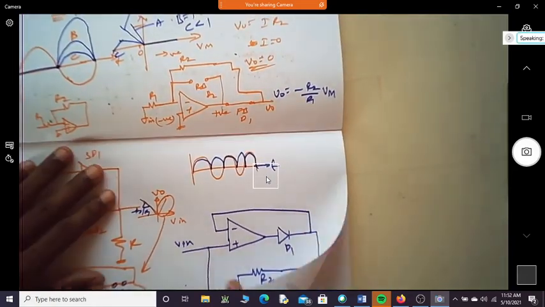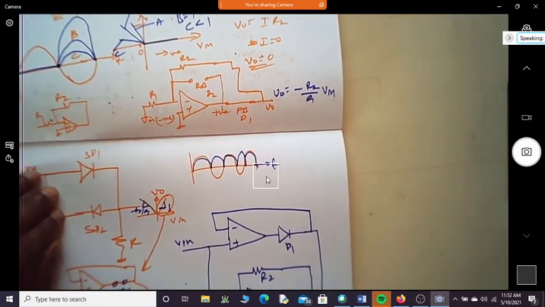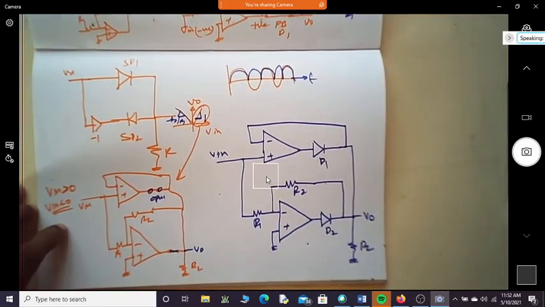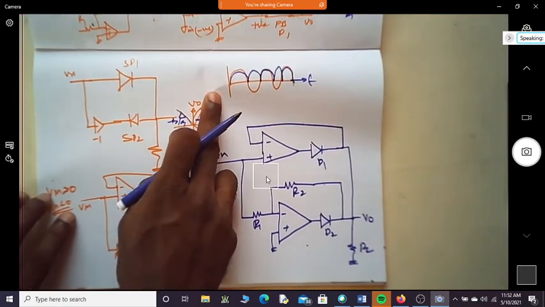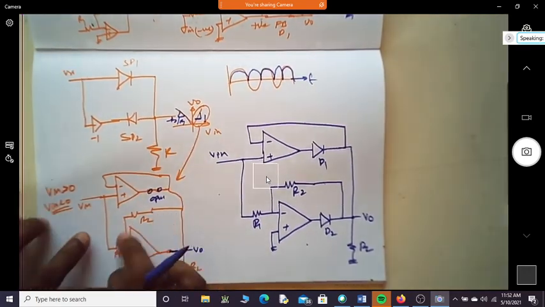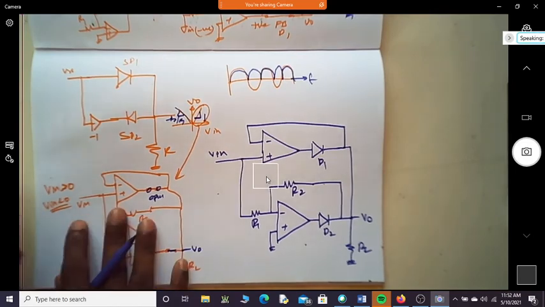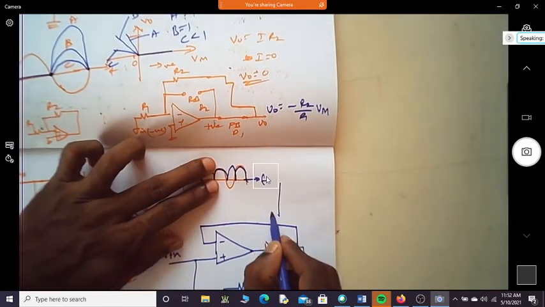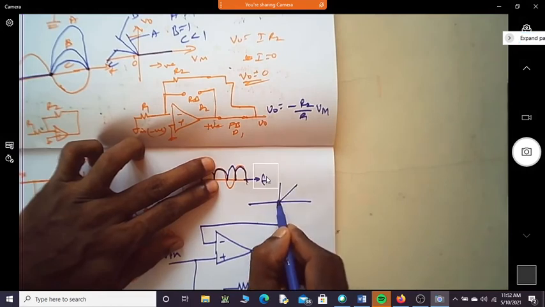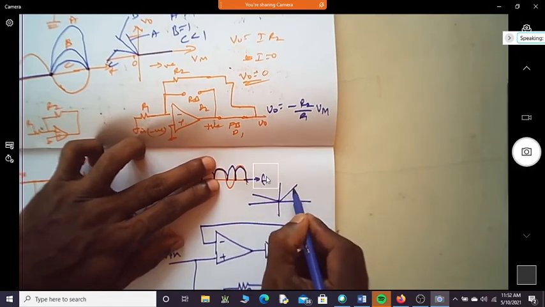Now using this, does this slope is always 1? This is a voltage follower, and this is having a gain depending on R naught. I can get a slope something like this.